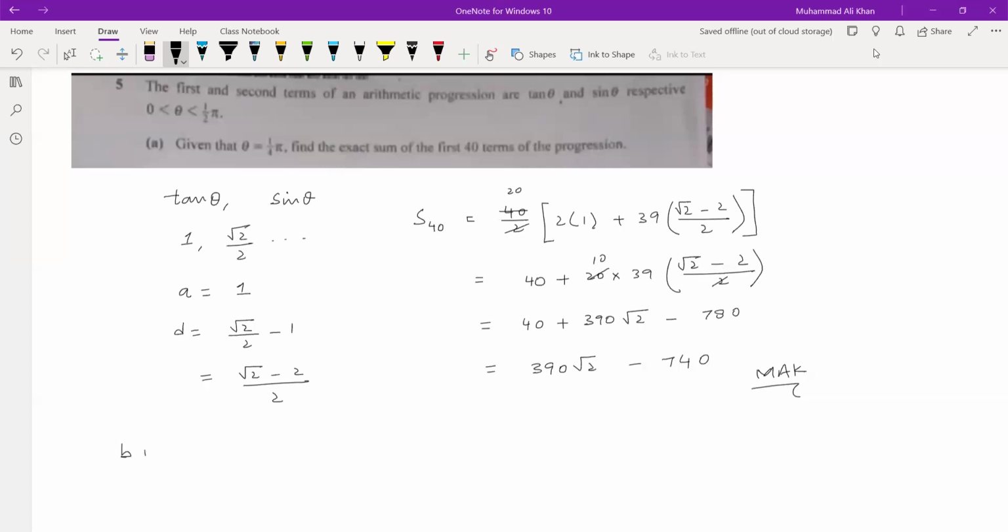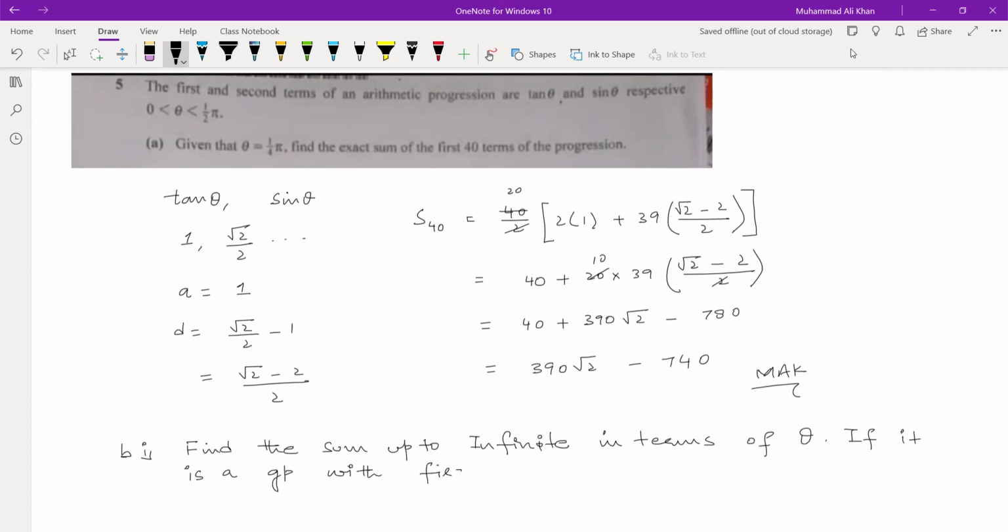Now, part b(i) is: find the sum up to infinity in terms of theta, if it is a geometric progression with first and second terms tan theta and sine theta respectively.